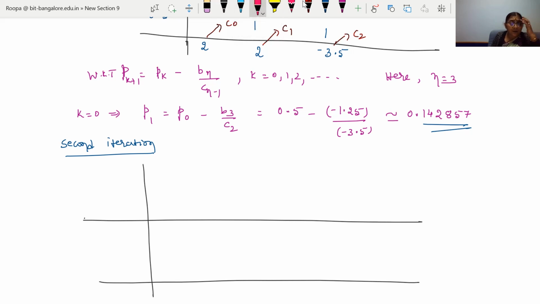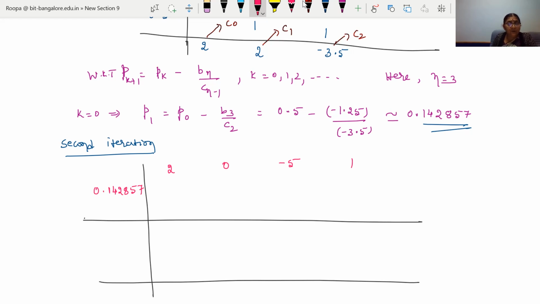The coefficients of the original polynomial equation are 2, 0, minus 5 and 1. But instead of P0, we are going to take the updated approximation value, 0.142857.